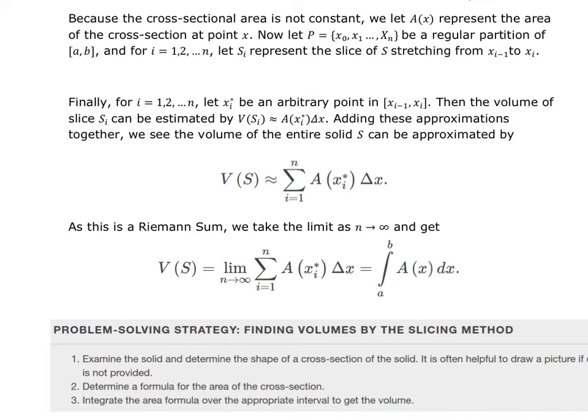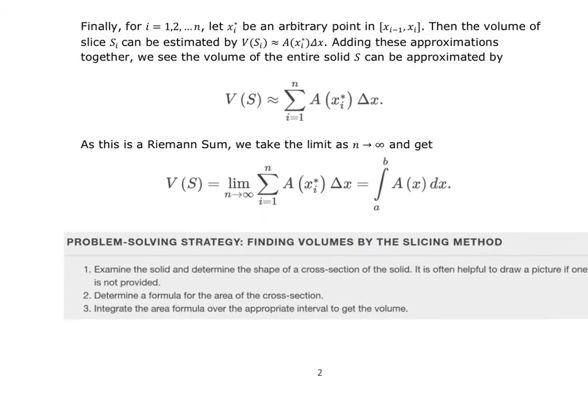So what that means for us is if we are trying to find the volume by integrating, then we think of this as taking all these small little cross-sectional areas.